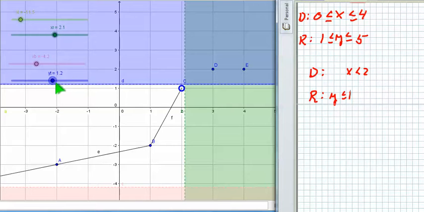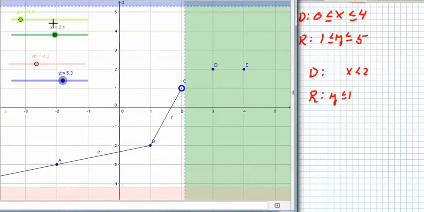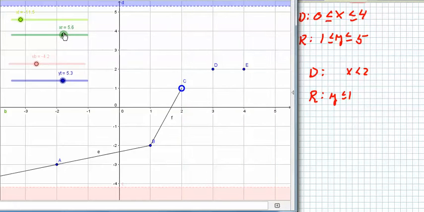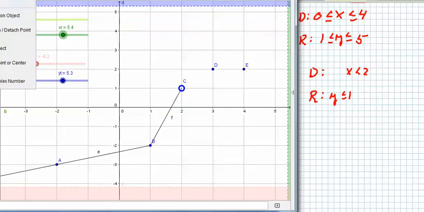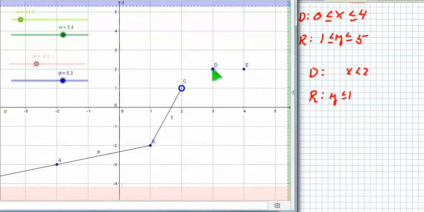So now, let's move these back up. And I meant to draw a line here. Or not a line, but a segment. These were supposed to be joined.